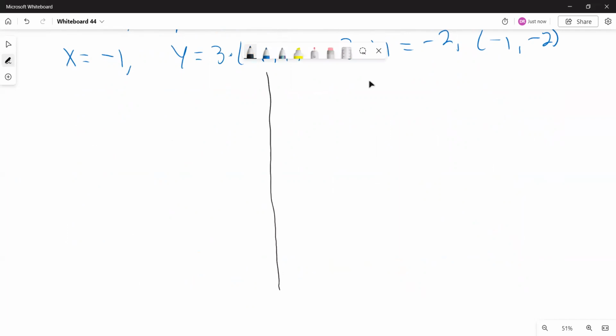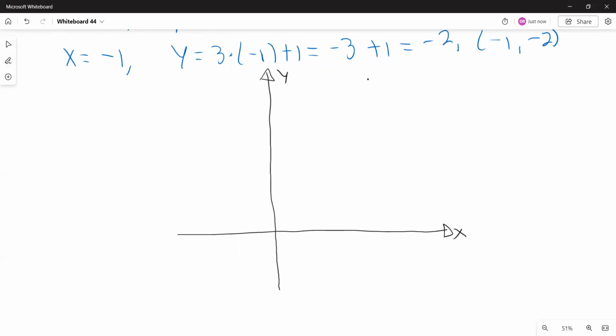Okay, so the x values, we chose them from -1 to 2. y values, we got them from -2 to 7. And x values, -1, 0, 1, and 2.